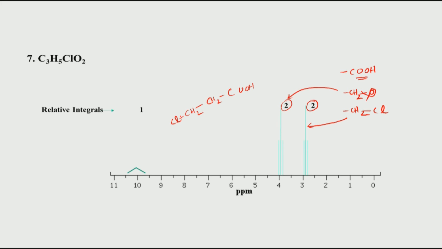If you have this kind of situation, this particular CH2 will be a triplet because of this hydrogen, and this CH2 will be a triplet because of this hydrogen, and this one will be downfield shifted because of this, and this also is downfield shifted because of this. So this is the structure of the molecule, this is the answer, and we see this matches the spectrum.